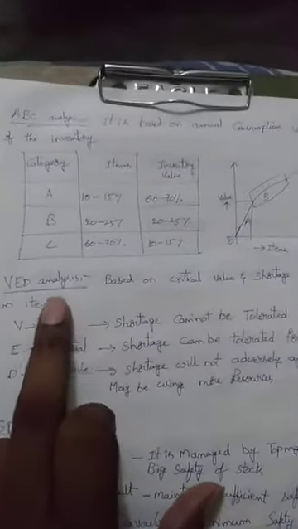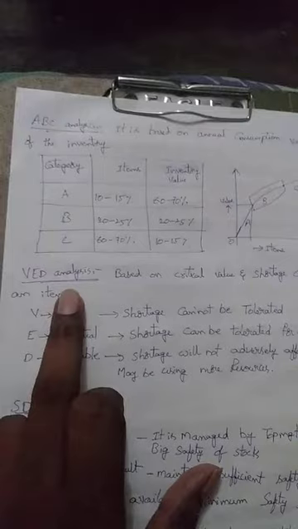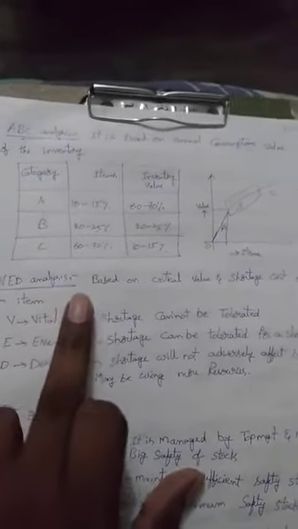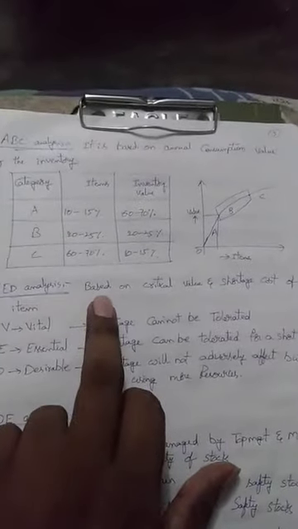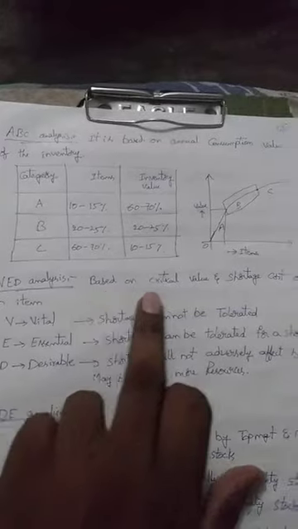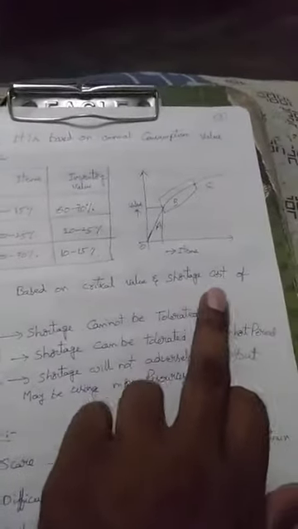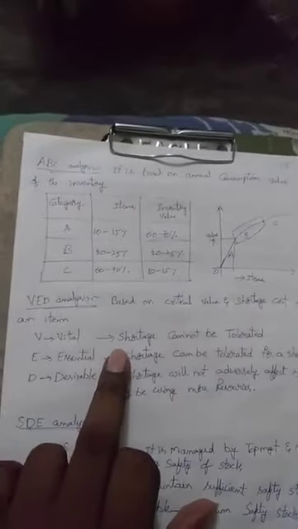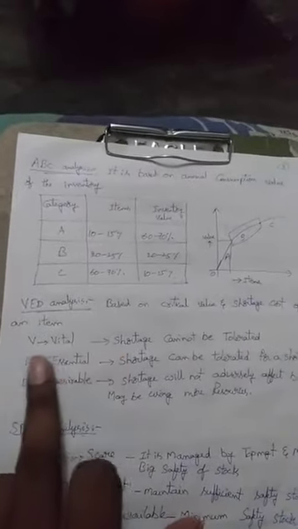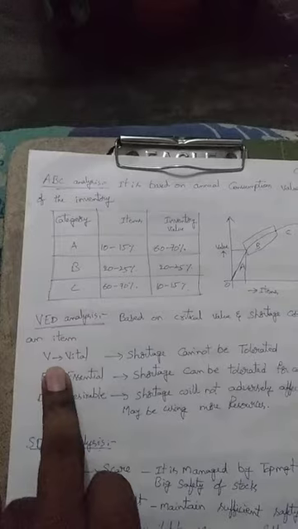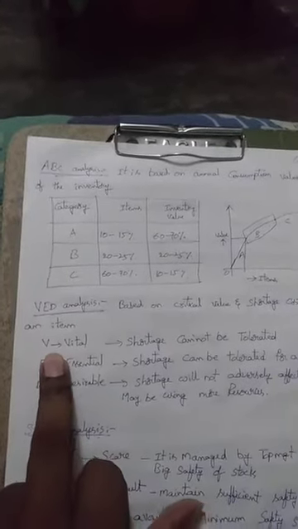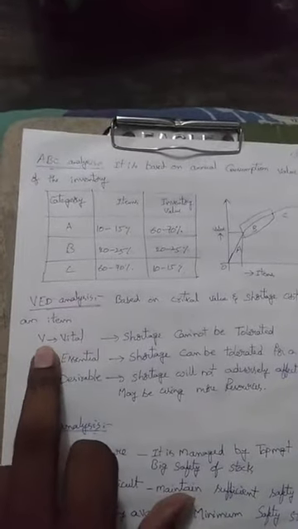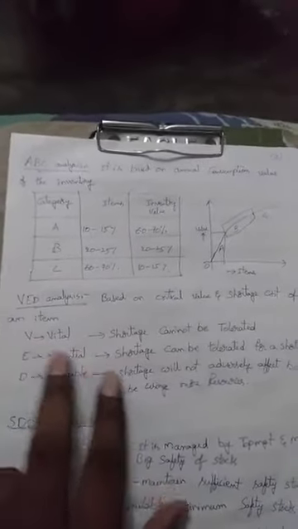VED analysis is applied in the industry based on the critical value and the shortage cost of an item. When they apply VED analysis to inventory, the raw material given the grade V is one without which production cannot continue.